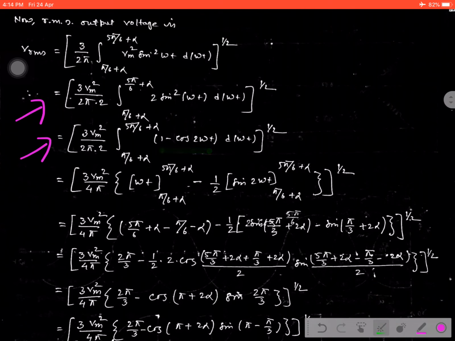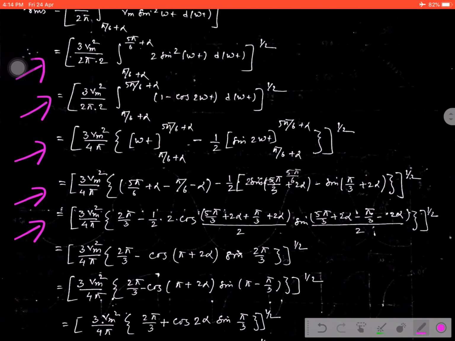After integrating we will get the result reflected in this step, that is 1 gives omega t and cos 2 omega t gives 1 by 2 sin 2 omega t, considering the limits, which will be reflected in the next step by using the upper limit and the lower limit, then put the value of the limits, and further calculation or simplification will give this result.